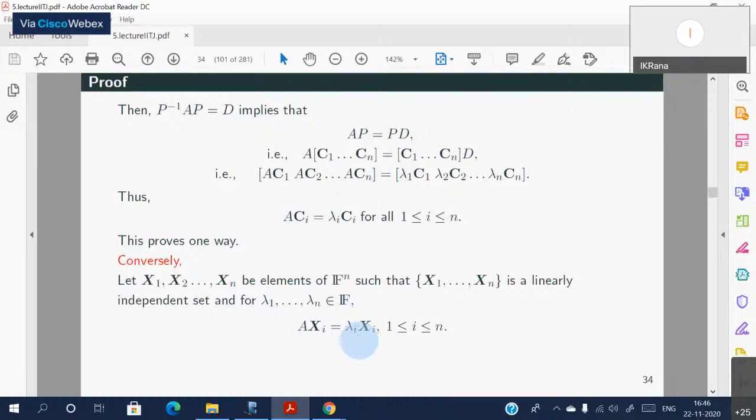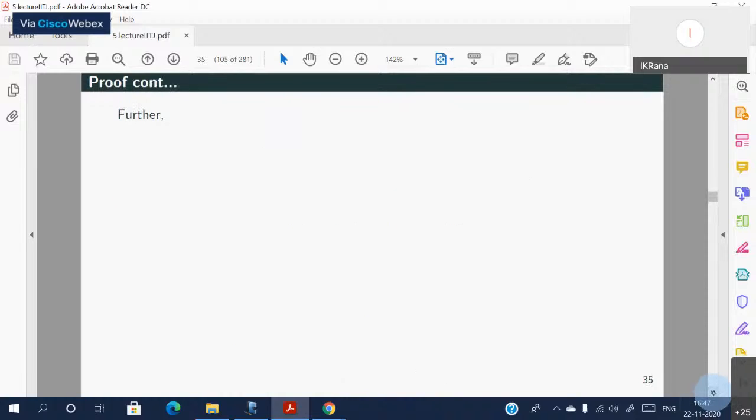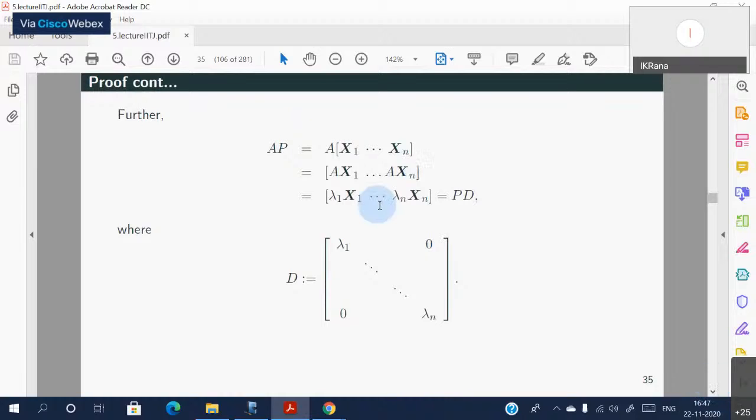So if this is the case, then we form the matrix P with these eigenvectors as the columns, and once that is done, we can easily check once again that AP is equal to PD. So that is diagonalizable.